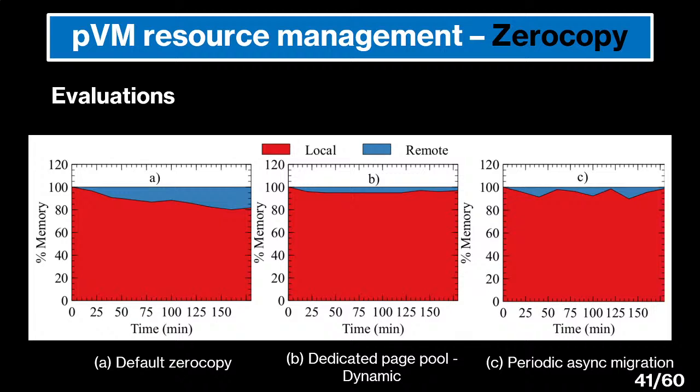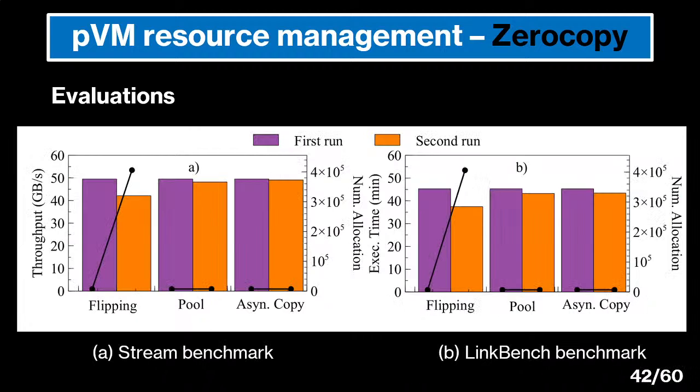We can control it, and as a result, memory sensitive applications such as Stream and LinkBench provide better results after running the network intensive application. For the default approach, the gap between the first and the second run is quite high, but with our solution we can maintain the performance between the two runs.